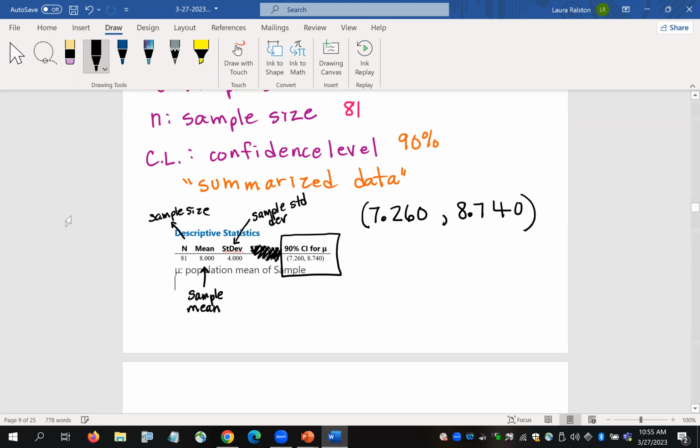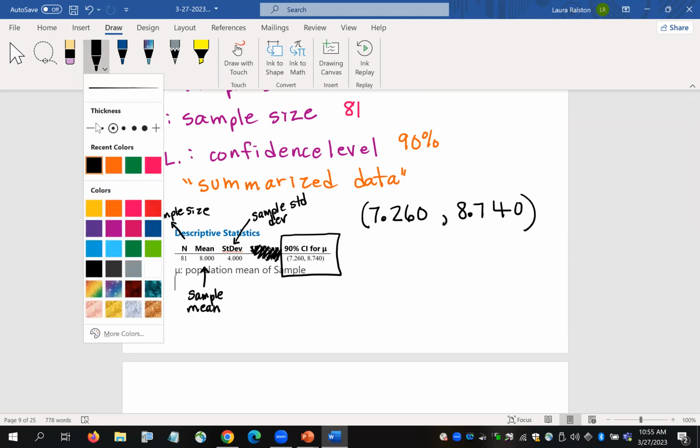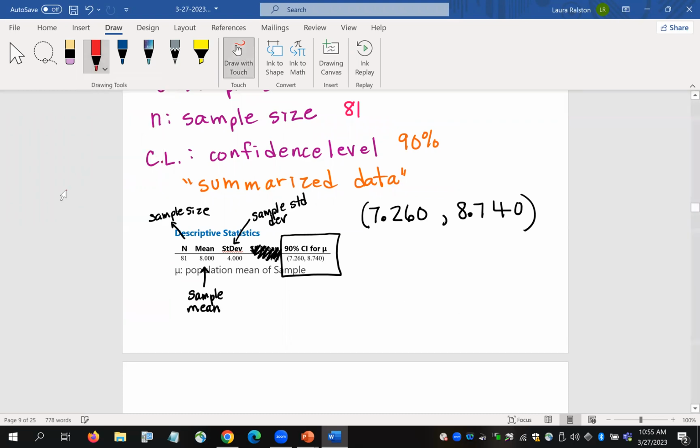8.740. Just as before, the first number in the parentheses is your lower bound. That's the lowest value that your population mean could be. The second number in the parentheses is the upper bound.